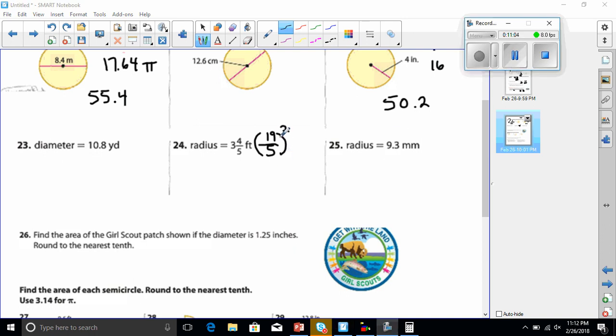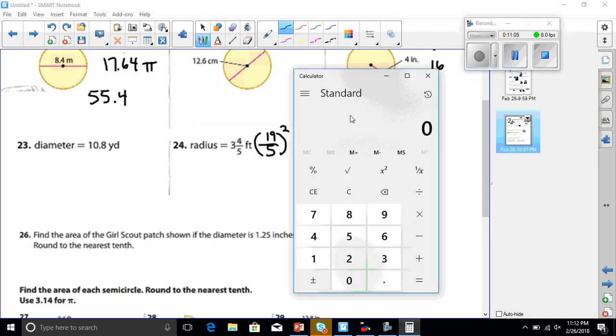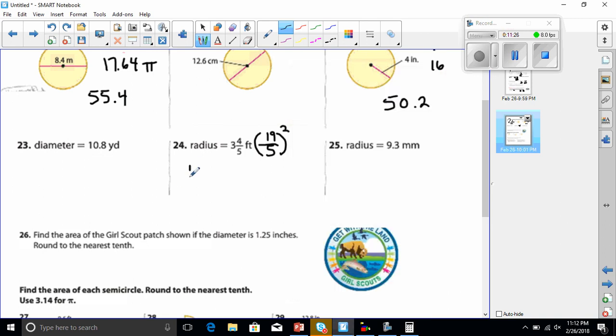To square something correctly, we have to do certain steps. First of all, we have to remember we're working with a division problem that is going to be squared. So let's just take 19 and divide it by 5, and that's going to equal 3.8. And then we square that, and that's going to give us 14.44. So the radius squared is 14.44.